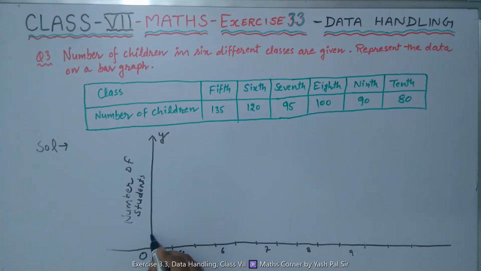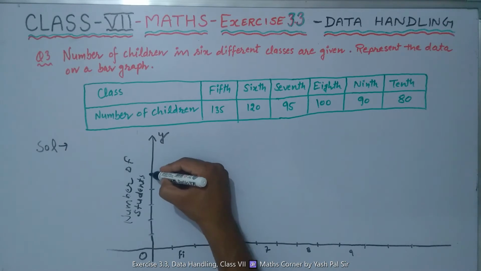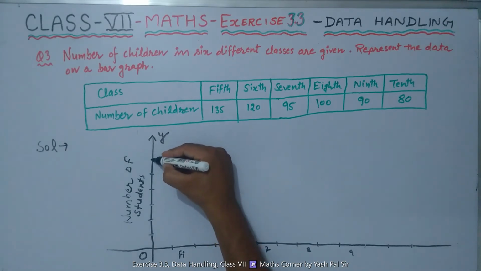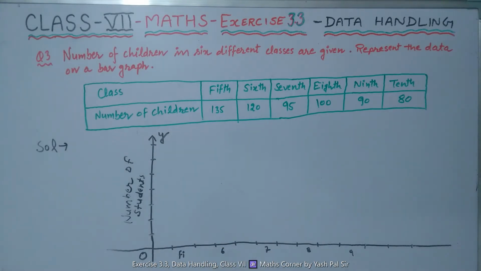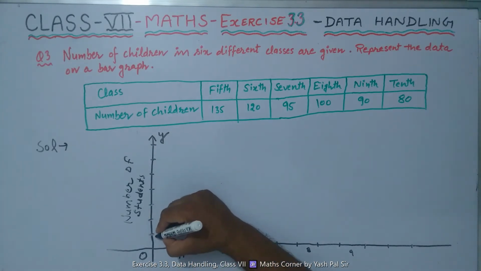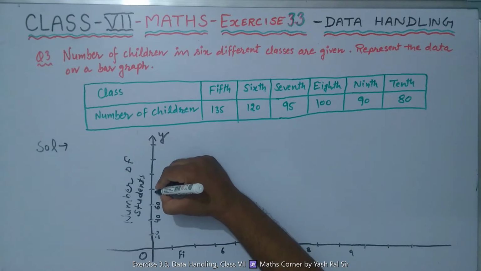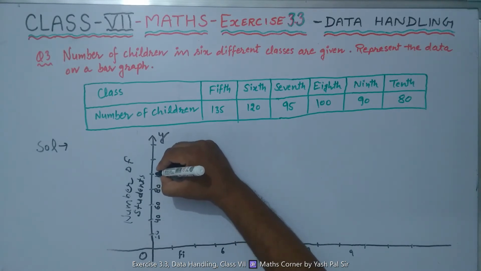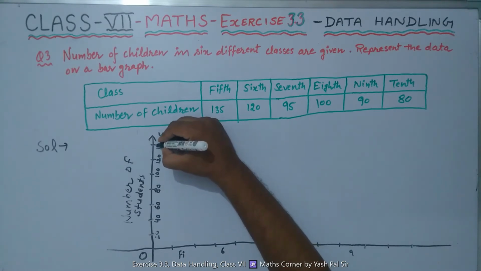This is 20, 40, 60, 80, 100, 120, 140. So we write here 20, 40, 60, 80, 100, 120, 140.